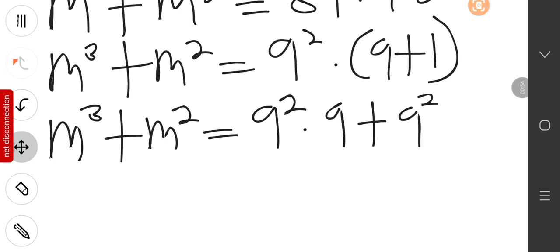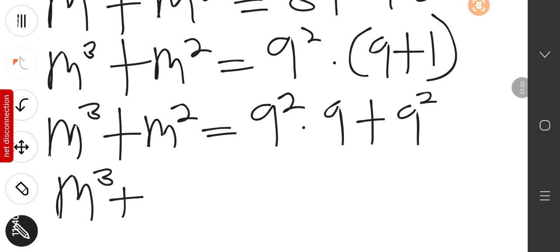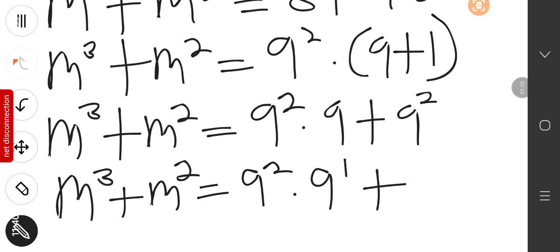We are using the 9 squared to multiply the bracket that we have there. So our equation becomes m cubed plus m squared equals 9 squared times 9 exponent 1, plus 9 squared.